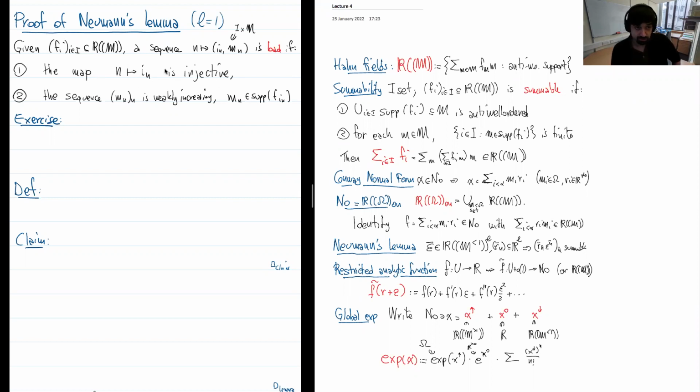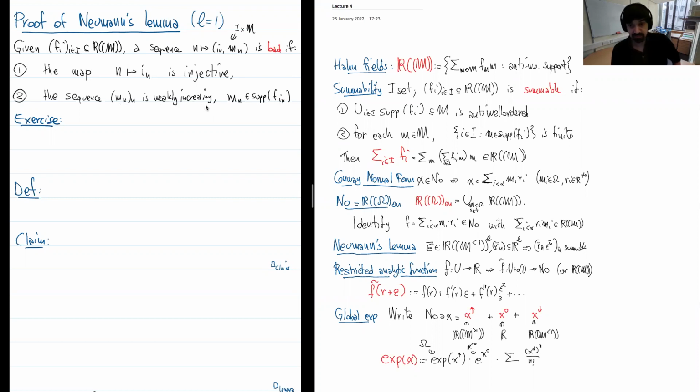Okay, so what's this doing? You're picking out a sequence of elements f_In among this family injectively, so you never go back to the same one. And then every time you take a monomial in the support of f_In. Okay, and what happens if this is weakly increasing?